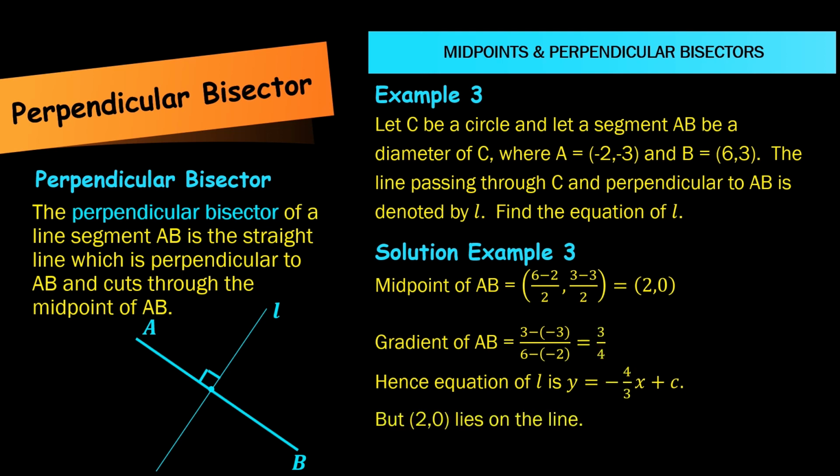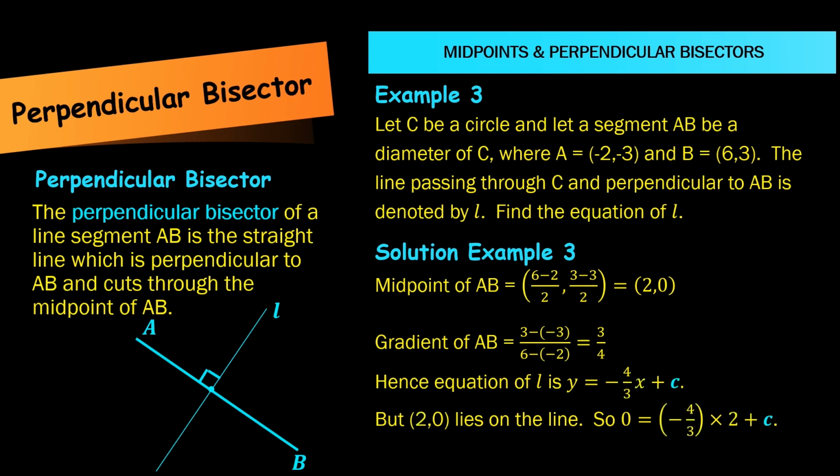However, we know that (2, 0) lies on the line. Therefore, substituting these values into the equation will give us the value for c. So y equals 0 goes here. Of course, the gradient is -4/3. x equals 2 goes here.